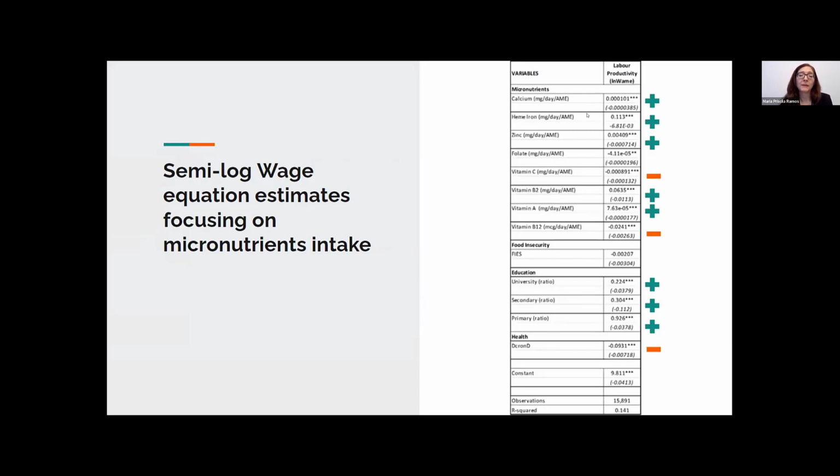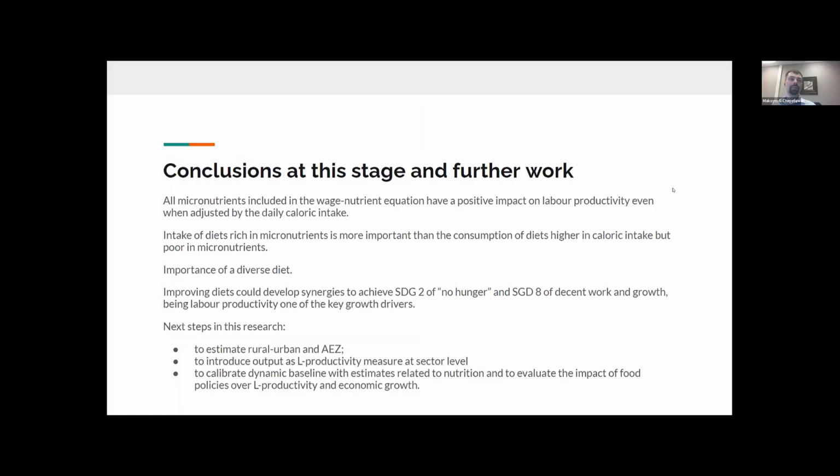The most important micronutrient that contributes to labor productivity, in this particular case, is iron, and then vitamin B2. So to finish, last slide, I have to say that all micronutrients included in this wage nutrient equation have a positive impact on labor productivity, even if these results are preliminary.